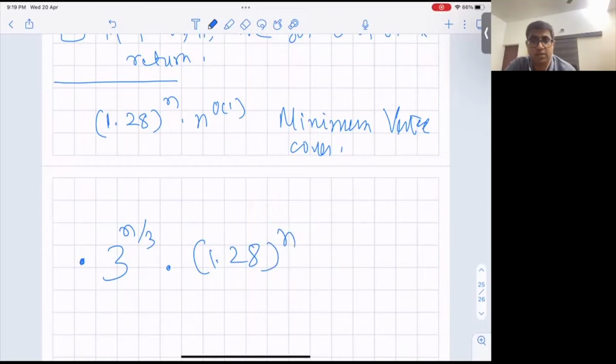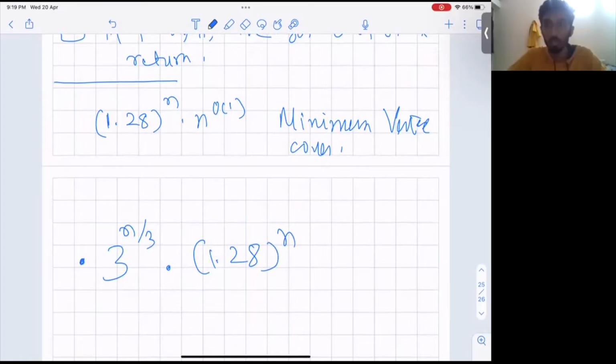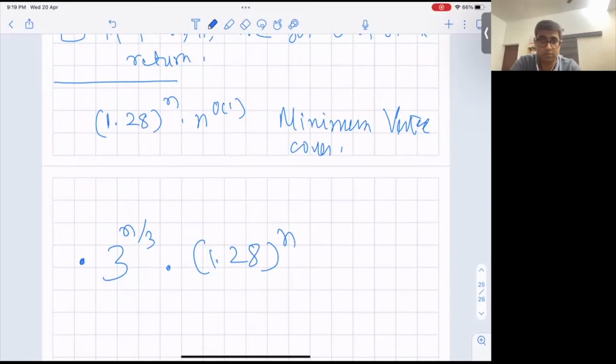Can someone tell me? Is it less than 2? I don't know. It's 1.8 something. 1.846, right? Something like this. Is that fine? So it seems that we are doing some savings.